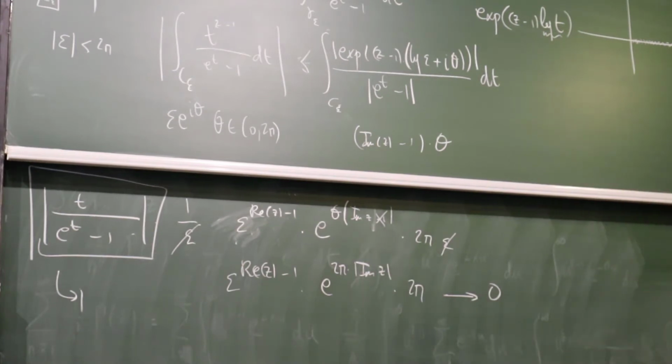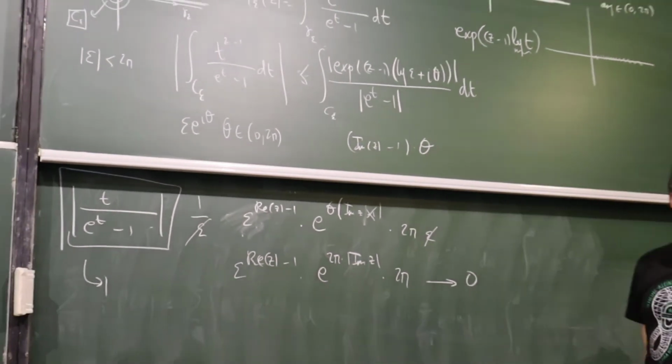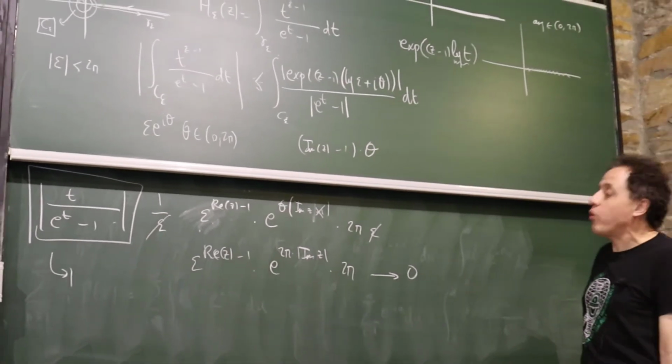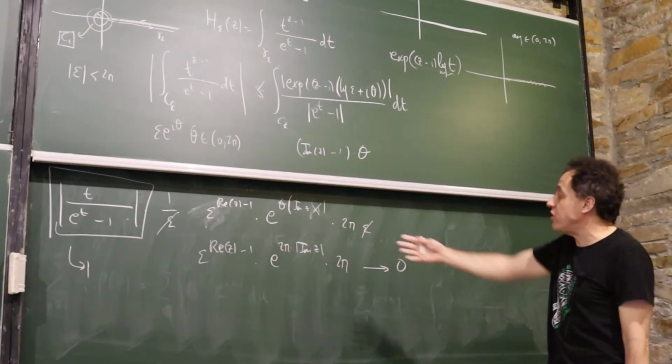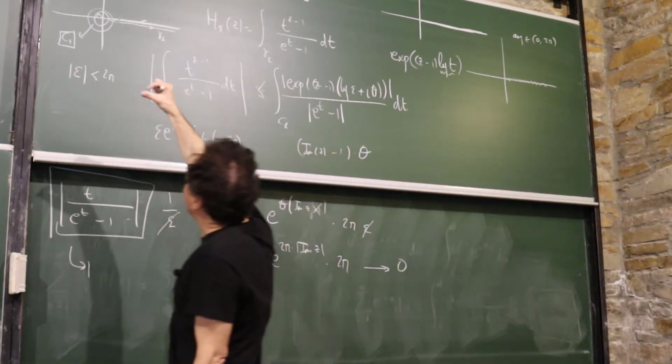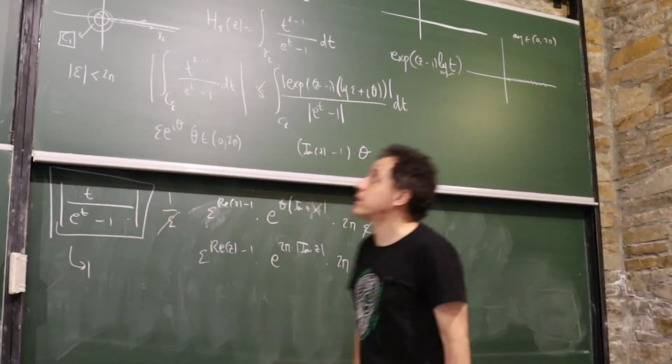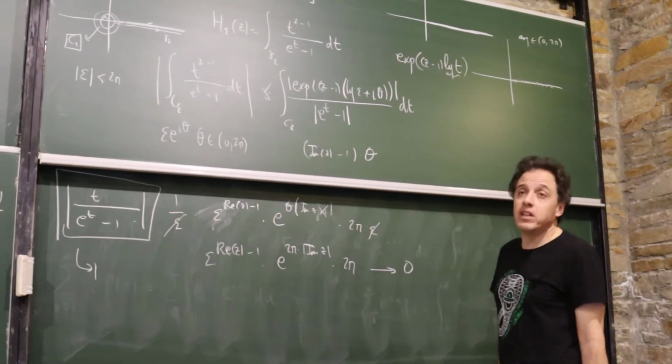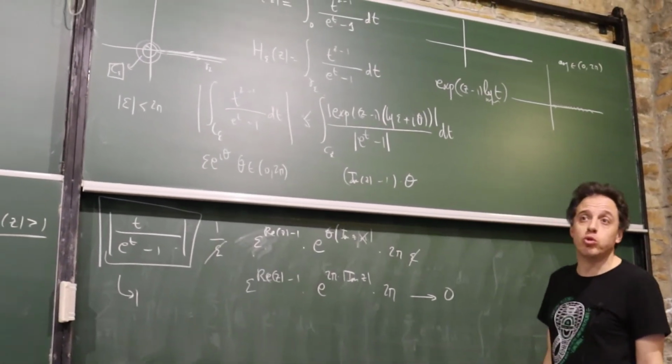Perhaps some bounds are not done too correctly, but we have arrived at the right conclusion. The integral tends to 0 when epsilon tends to 0. So when we make epsilon as small as you want, this small integral is going to tend to 0.